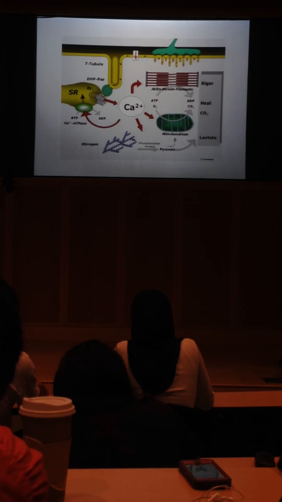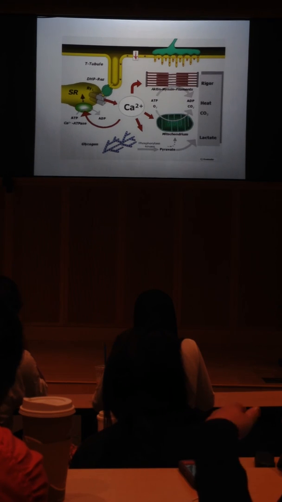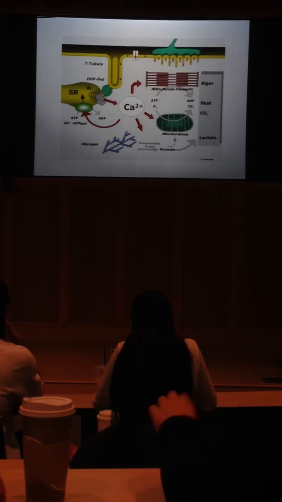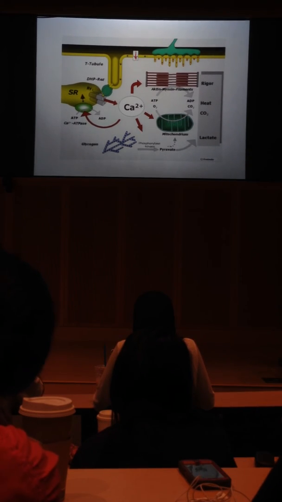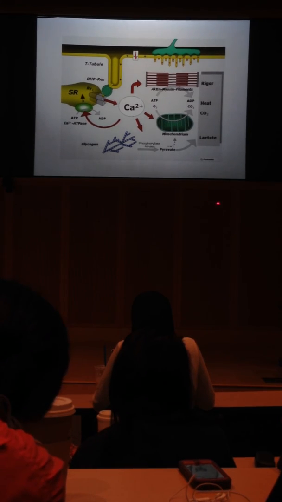The pumps will try to remove it, even though you're still getting more. That breaks down ATP to ADP, releasing heat. You're releasing heat because of the contraction. Also, calcium will activate oxidative phosphorylation, so you're making more ATP. So pretty much what you have is a massive generation and breakdown of ATP, generating all this heat and rigor at the same time.